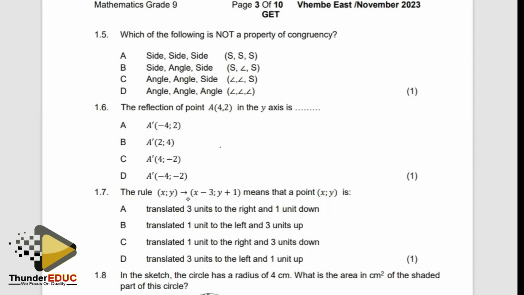Let's eliminate. Remember, for congruency as well as similarity, the angles have to be the same. Angle, side, this is a property. Side, angle, side, that is also a property. Then side, that's a property. So I'm going to take out the one that is not a property, since it applies to both.